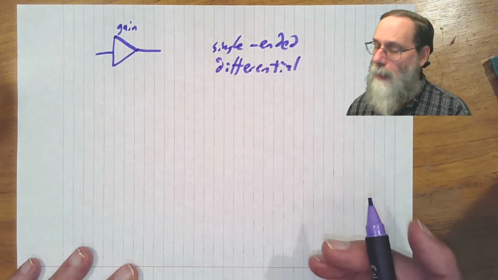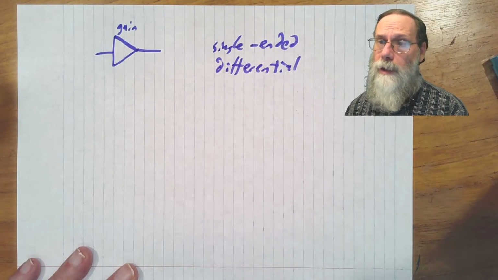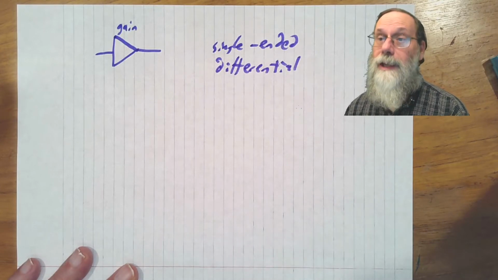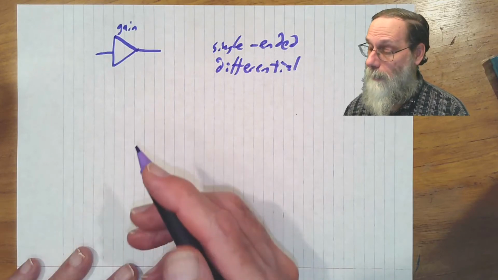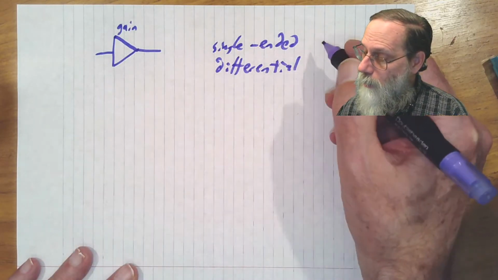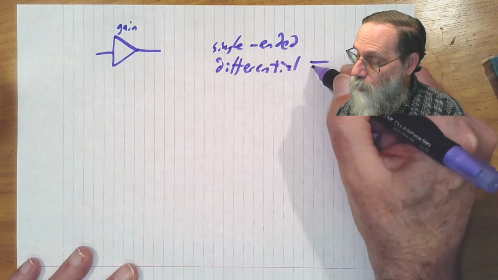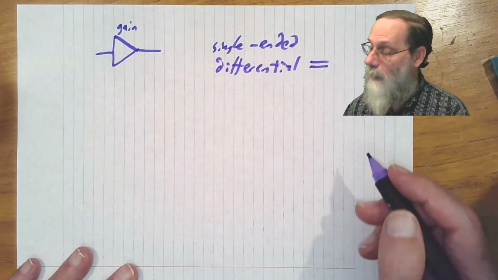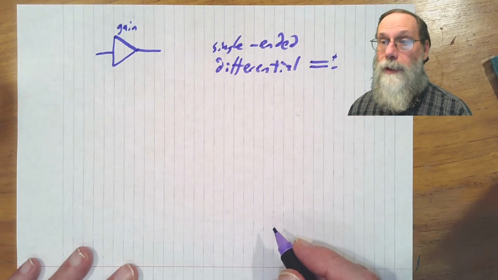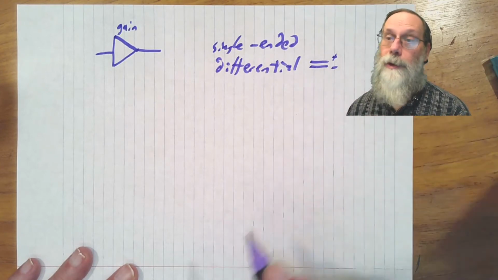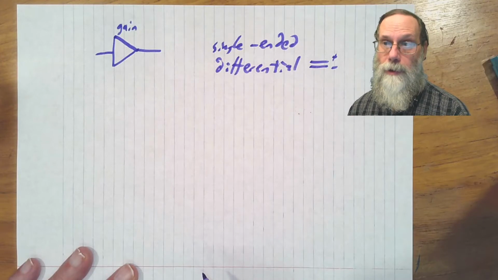What's the difference here? Voltages, as we know, are always a difference in potential between two different points, two different nodes in our circuit. When we're doing a differential one, we actually have two wires for the signal, basically a positive wire and a negative wire, and the differential voltage is the difference in voltage between those two wires.